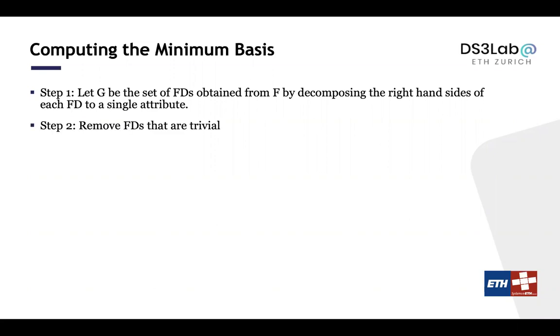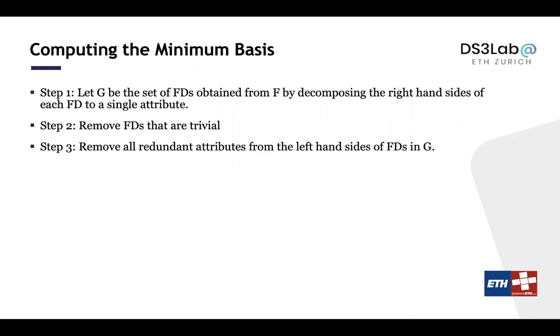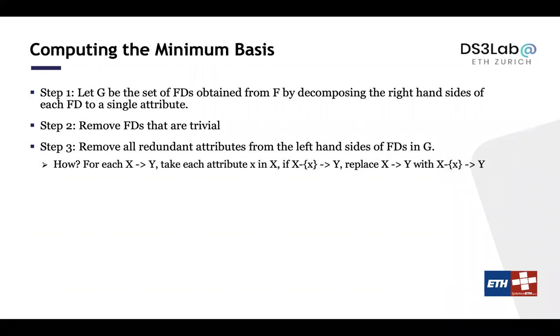And second, you remove functional dependencies that are trivial, which means the left-hand side is a superset of the right-hand side. And then you remove all redundant attributes from the left-hand side of function dependencies in G.